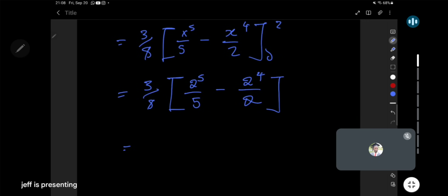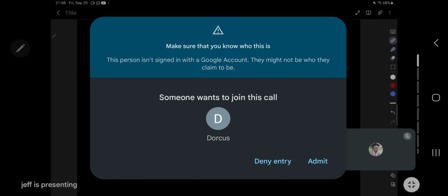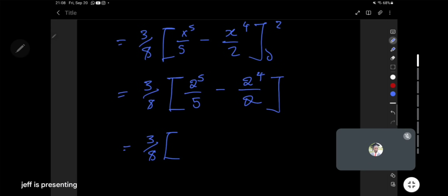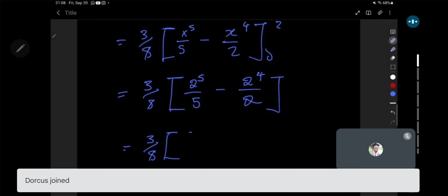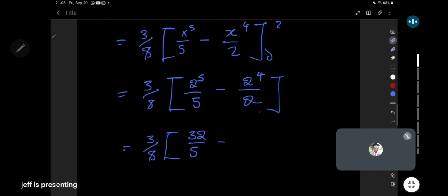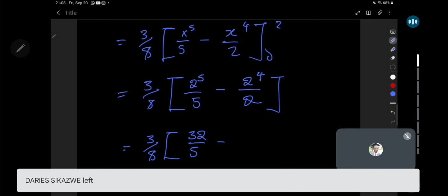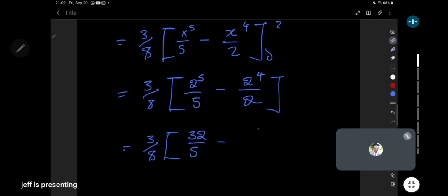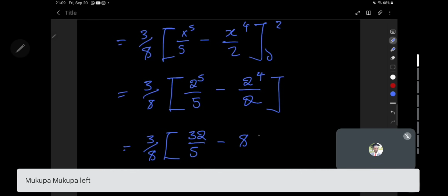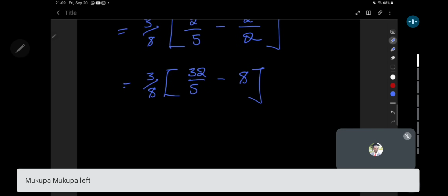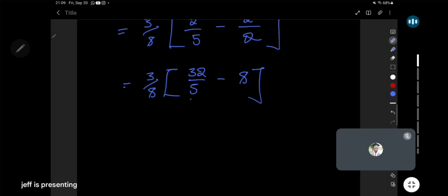So now we have 3 over 8, and then 2 to the power 5, that is 32. And then this will just remain 2 to the power 3, which is 8. So it reduces to this. And then we can simplify this however it works.